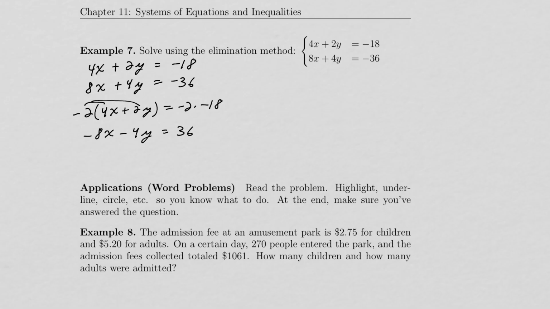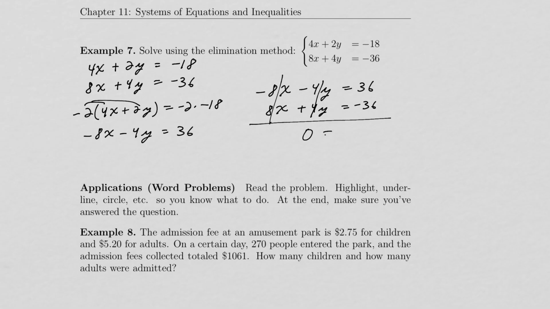Okay, so now if I add that, the first equation again but just rewritten, and I add that to the second equation, I can eliminate the y's. But look what happens in this case. Not only are the y's eliminated, but the x's are also eliminated.